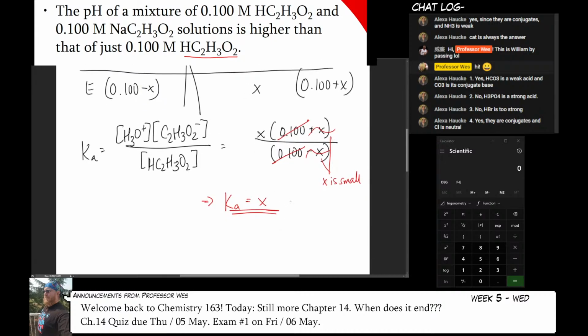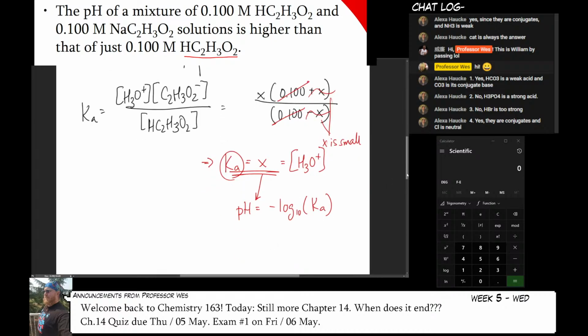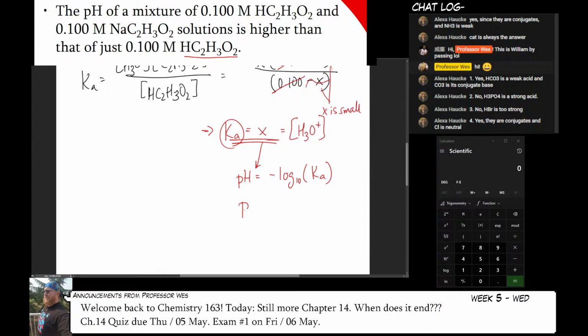Which equals the amount of H3O plus. So that means that the pH would be equal to minus log of this number. And what does that mean?